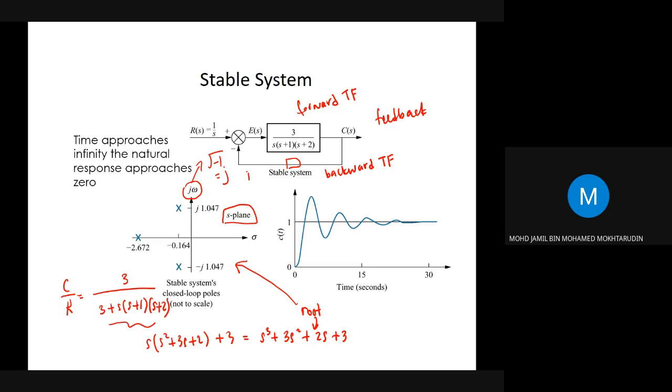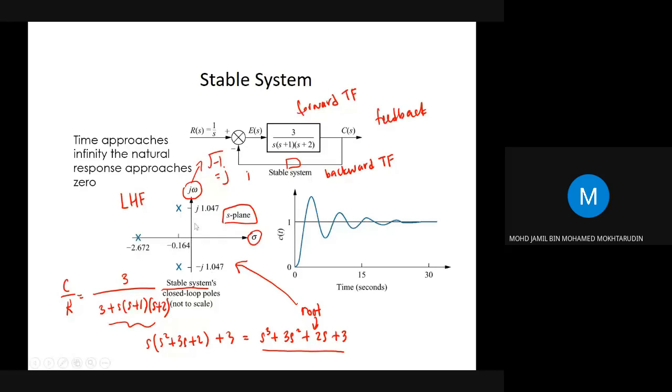And then you have the x-axis, the real part of your imaginary number. When you find the root for the denominator here, then you plot on the S-plane. If you have all the roots on the left-hand side of the S-plane, then the system is stable.